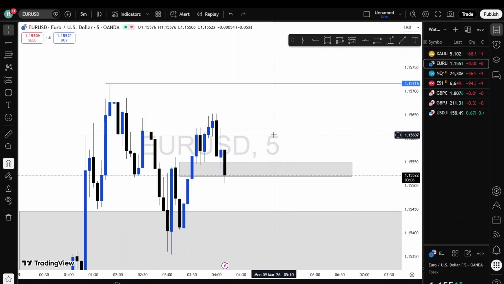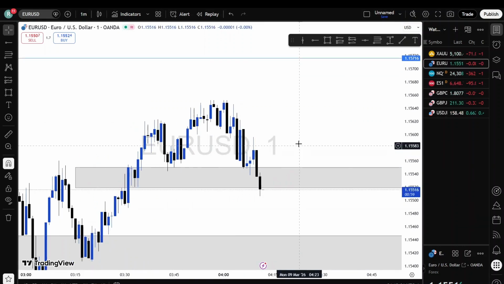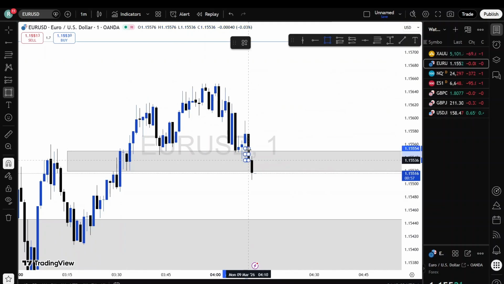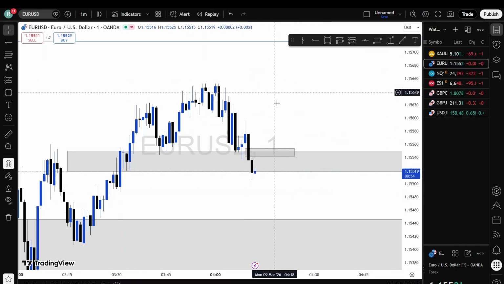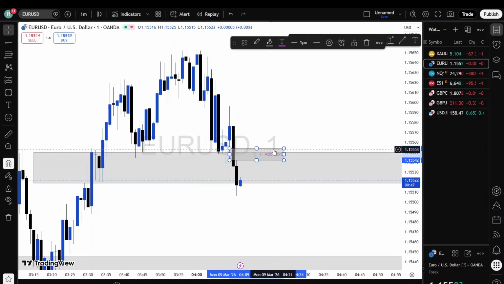Okay, 1 minute FVG is created, the new FVG. Okay, selling FVG, but we can't trade based on this 1 minute FVG, because 15 minutes is bullish according to my bias. 15 minutes bias is bullish, and 1 minute is turning bearish.